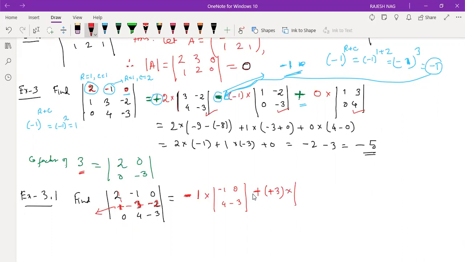And we have this cofactor 2 3 0 -3, 2 0 0 -3, and then the third position, second row third column.